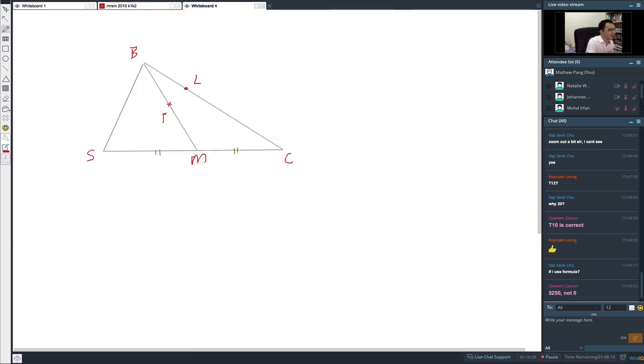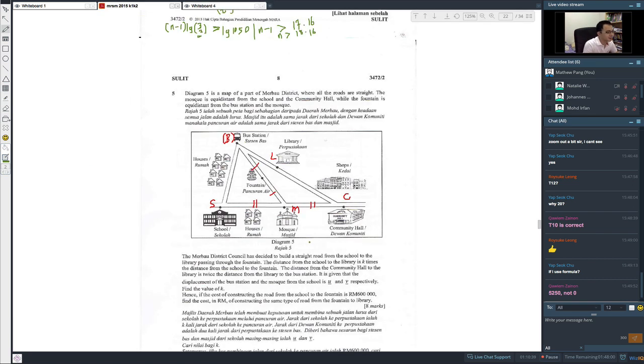The district council has decided to build a straight route from the school to the library. So now the council wants to build a straight route from school to the library. They want to build this straight route. Alright. And then the distance from school to the library is k times the distance from school to the fountain.